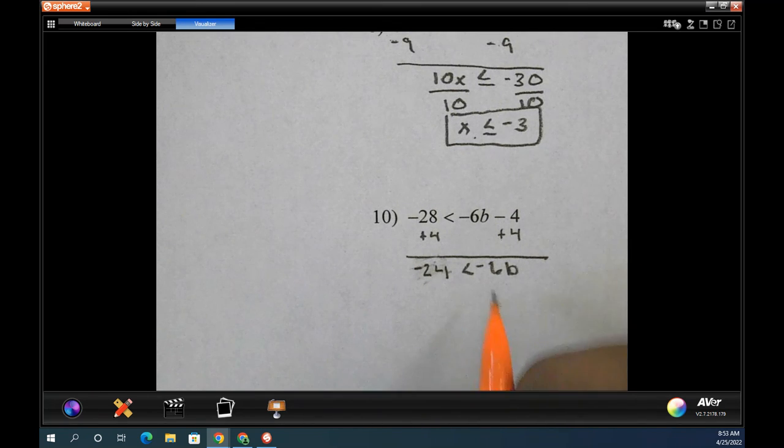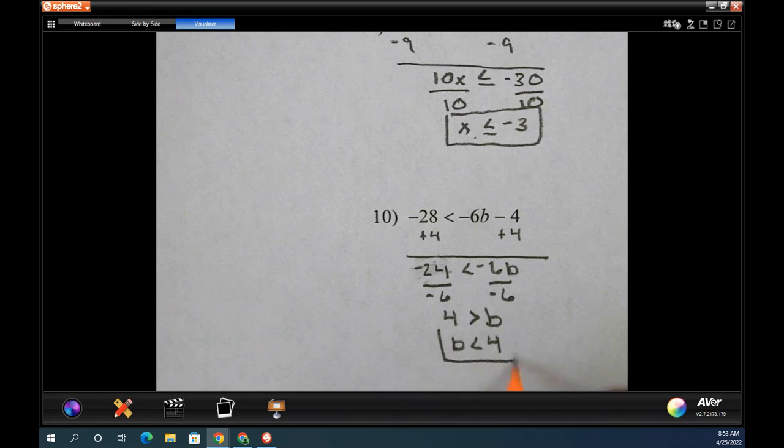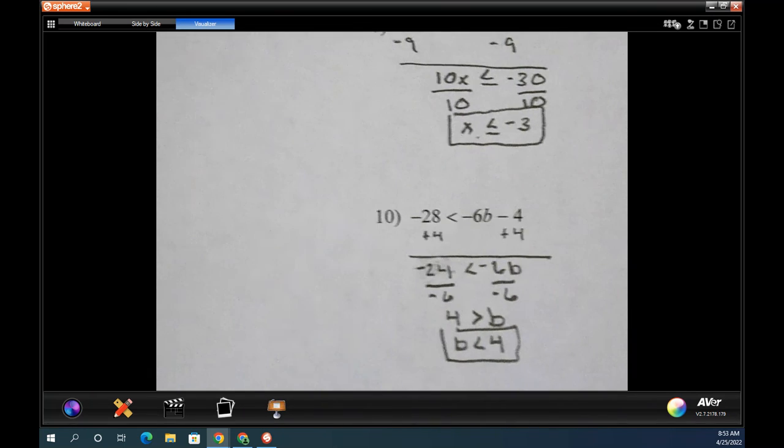Now, here's the deal. You're dividing by a negative. So you should have flipped it. So you get 4 is greater than b. Now you have to switch it. It's pointing to the b. There's your answer right there. Okay? All right.